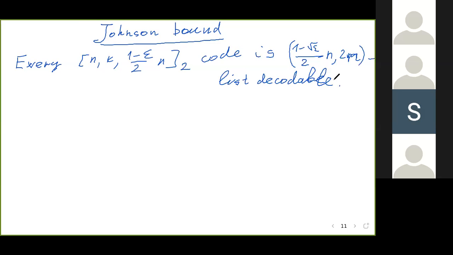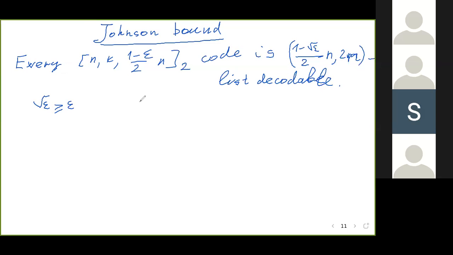So notice that the square root of epsilon is larger than epsilon because epsilon is less than 1. And so this number of errors is a little bit less than the distance.